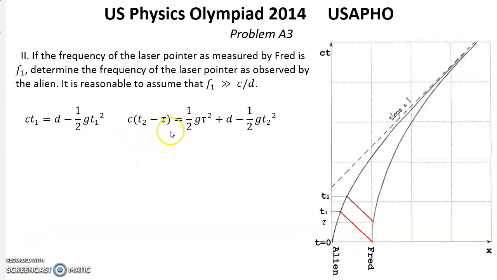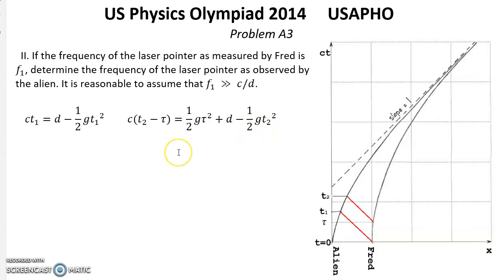Here we have the distance covered by the flash of light for time t2 minus tau. That's equal to the position of Fred after time tau, which is 1/2 g tau squared plus d, minus the position of the alien at time t2, which is 1/2 g t2 squared.